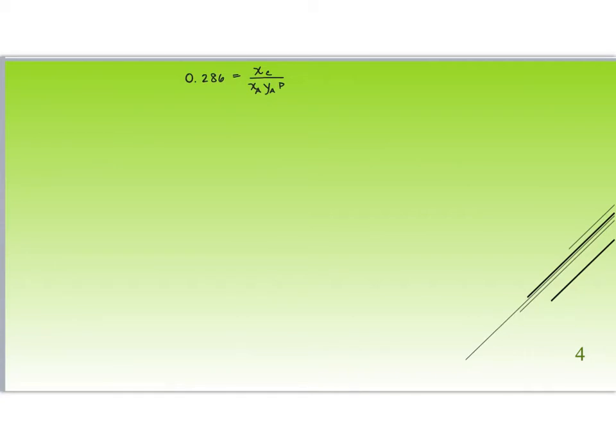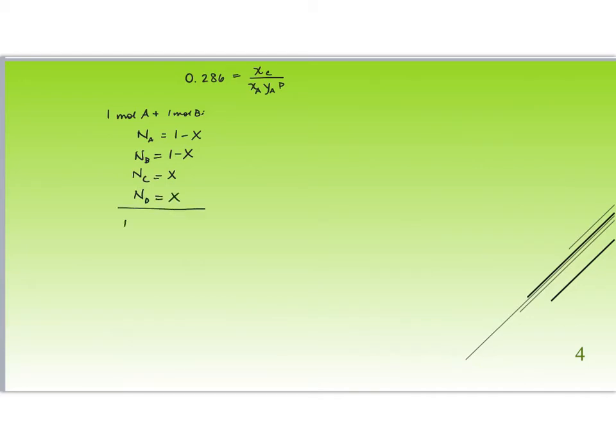So let's continue with this thought by considering a feed that is 1 mole of A and 1 mole of B. And in this case, N sub A is going to be 1 minus my extent of reaction, x. N sub B will also be 1 minus x. N sub C is just x, and N sub D is also just x.